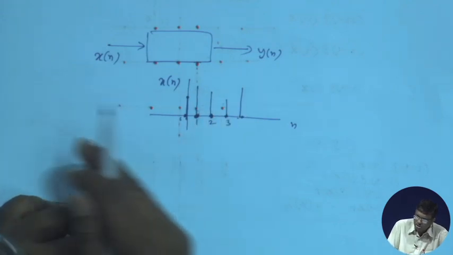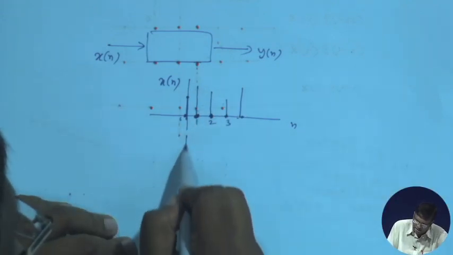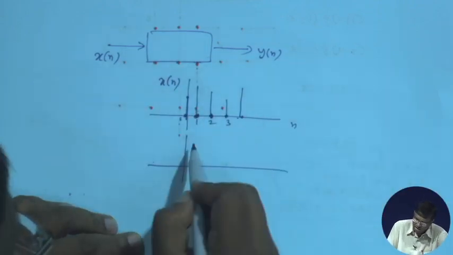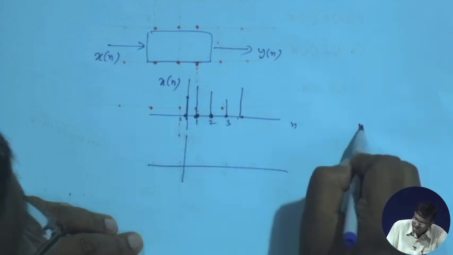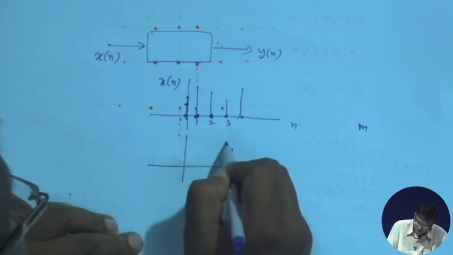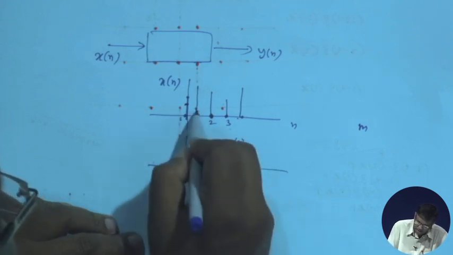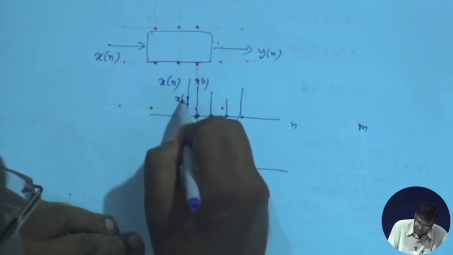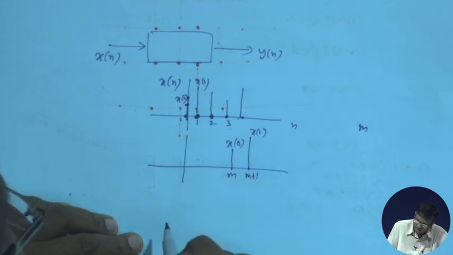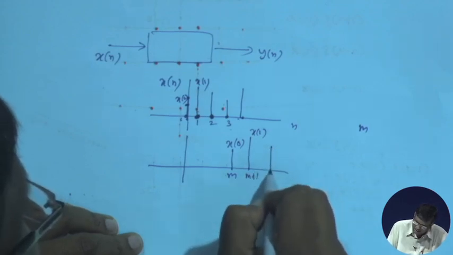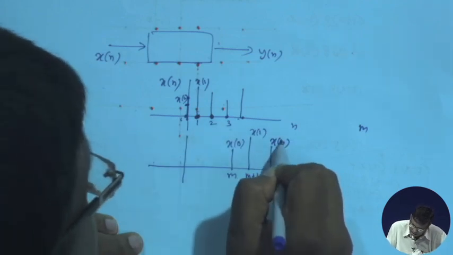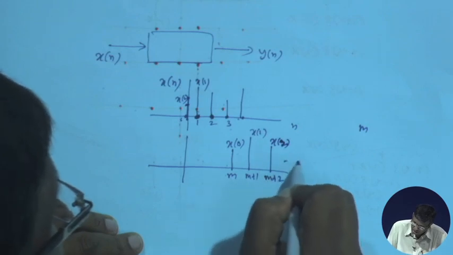Now, suppose that original time sequence is delayed. That means this will be shifted. Suppose it is shifted by some amount, say m. That means this x 0 will come to m, x 1 will come to m plus 1, and like that, x 2 will come to m plus 2, and so on.